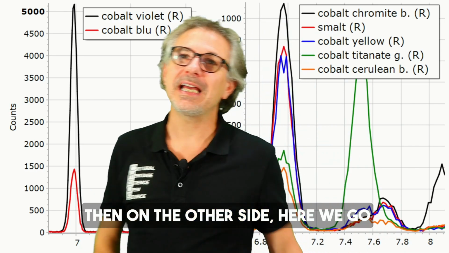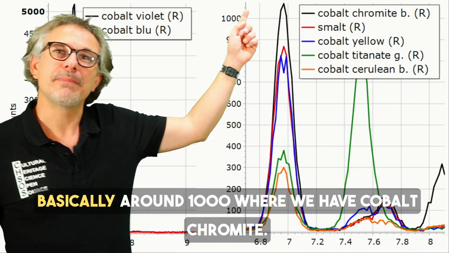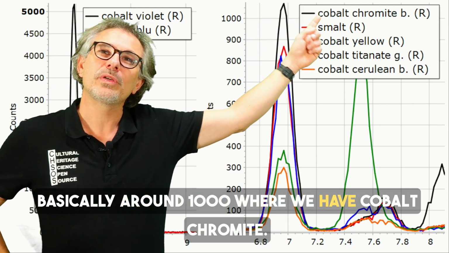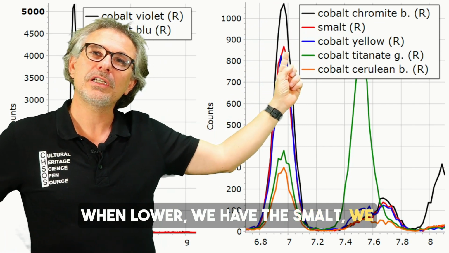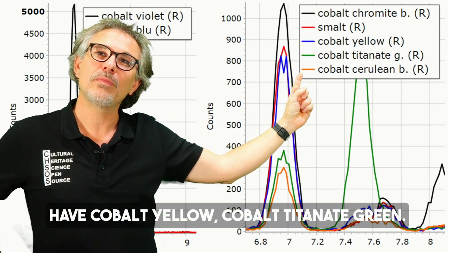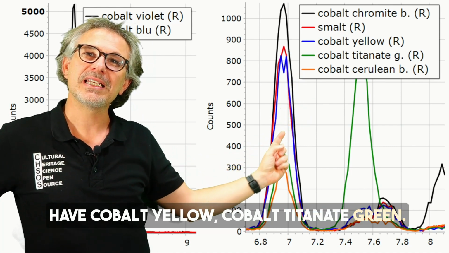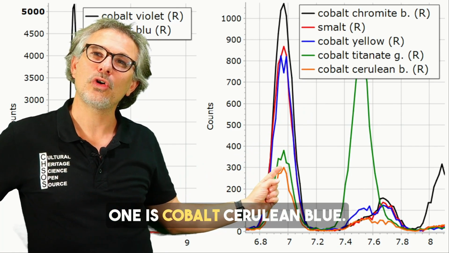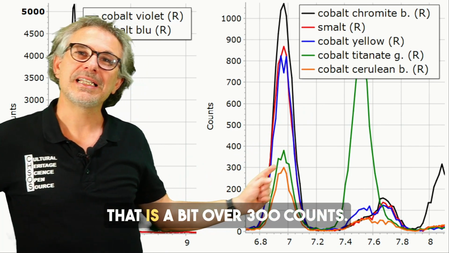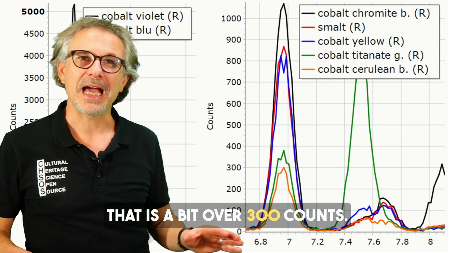Then on the other side here we go basically around 1000 where we have cobalt chromite. Lower we have the smalt, we have cobalt yellow, cobalt titanate green, and the last one over here is cobalt cerulean blue. That is a bit over 300 counts.